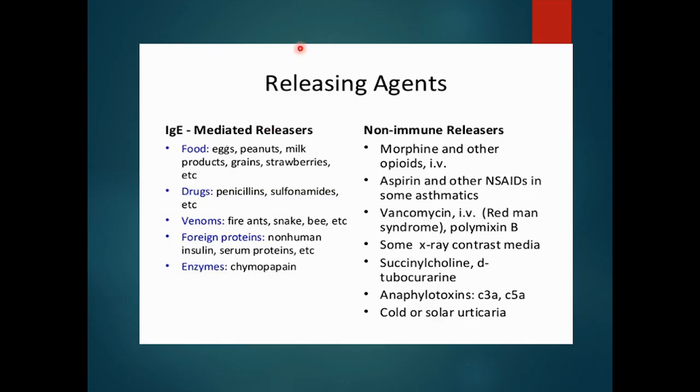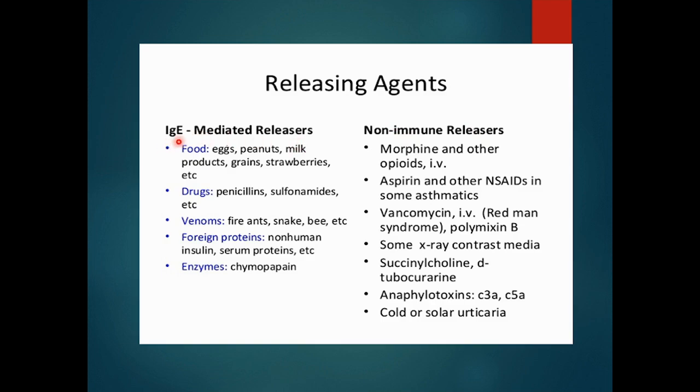So these are the releasing agents of histamine. That is, these agents help in the release of histamine. And there are two types of releasing agents. One is IgE mediated releasers and the second one is non-immune releasers.